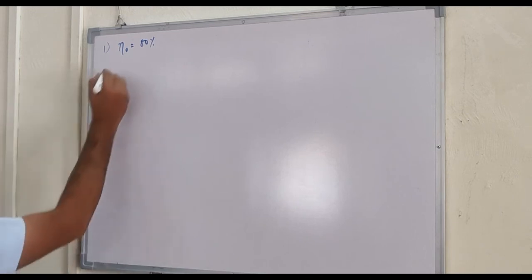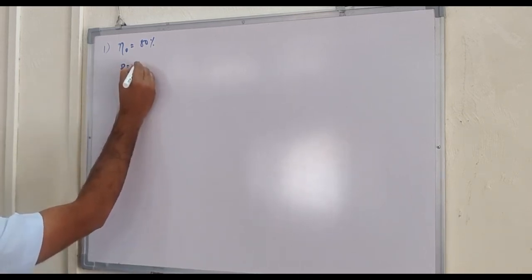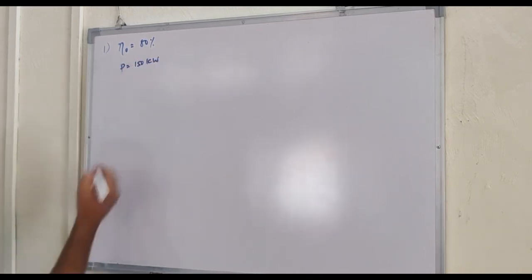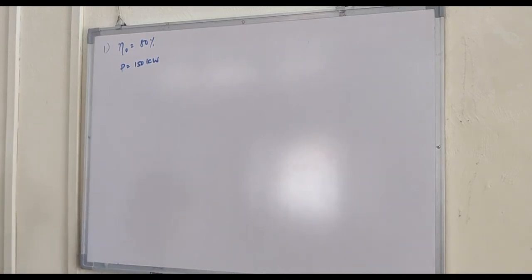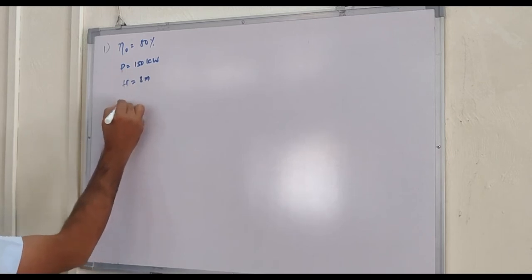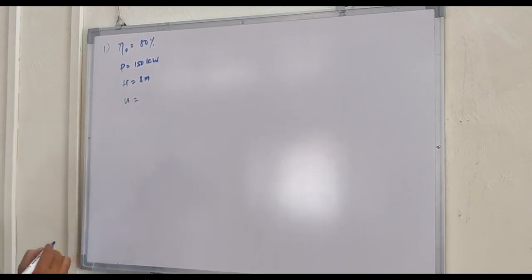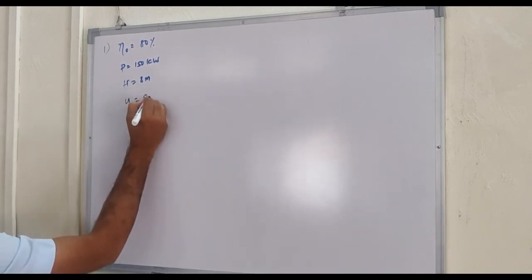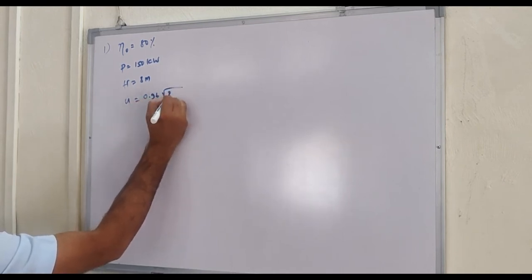P is equal to 150 kilowatt. Next, we know the head. Head is 8 meter. Now we know U. U is equal to 0.96 times root 2gh.